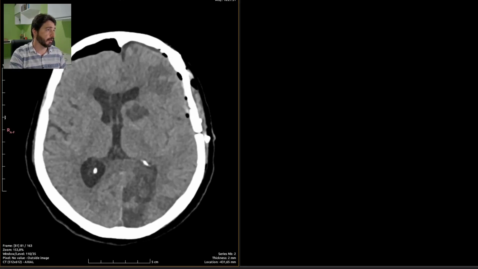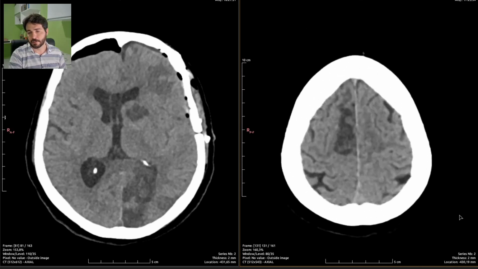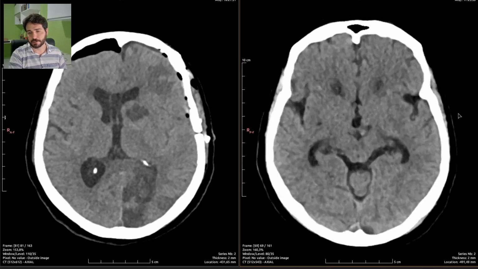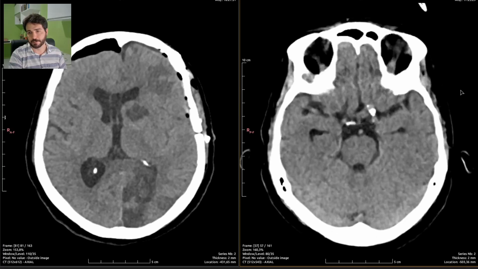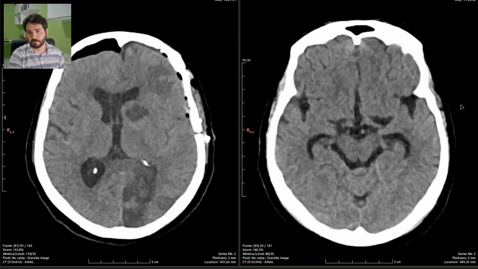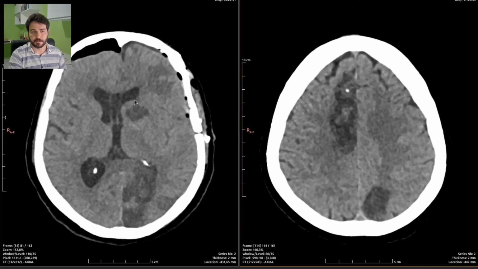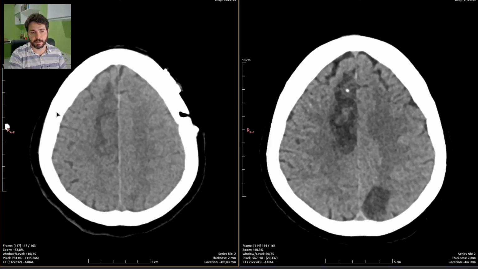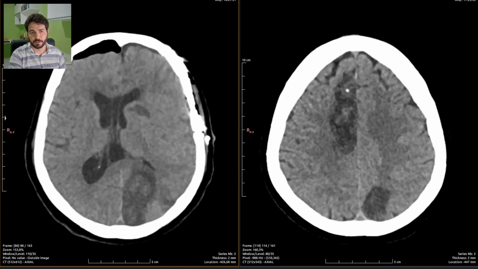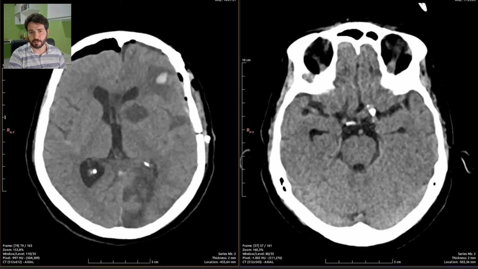Let's see how the brain was a few days ago. So now this is prior to surgery. We can't really tell where the aneurysm was, because it is an unenhanced CT scan, but the patient already had those ischemic signs, except for the left middle cerebral artery.